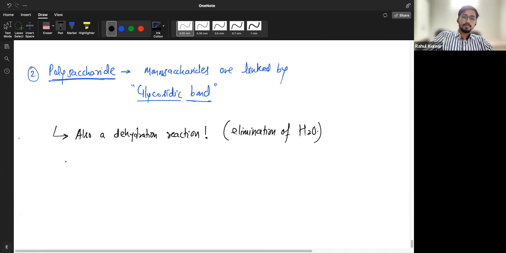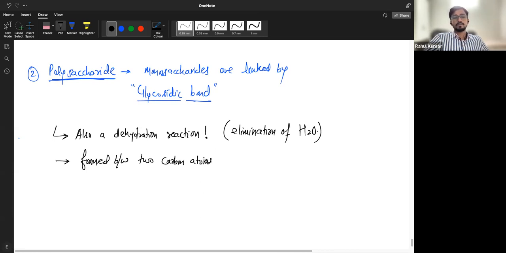Okay, and write down, glycosidic bond is formed between two carbon atoms of two adjacent monosaccharides.